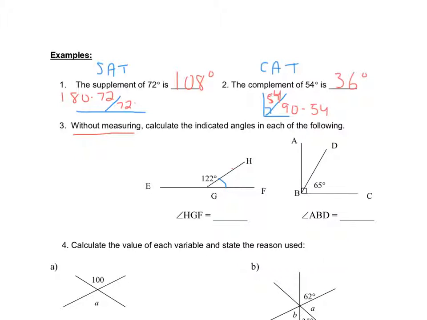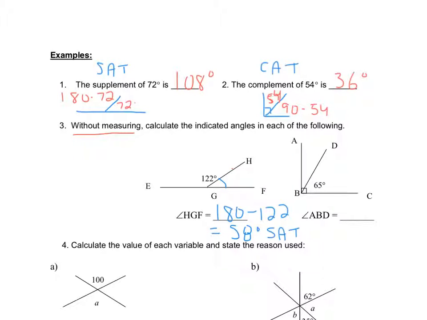We see that this angle and 122 degrees form this straight line. So to find this unknown angle, I'm going to take 180 minus 122, because angles on a straight line add to 180 degrees. This is equal to 58 degrees, and we should state our reason. We said we use the supplementary angle theorem to find this unknown angle.